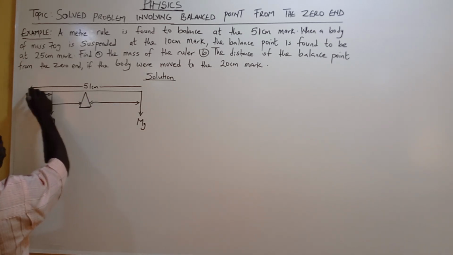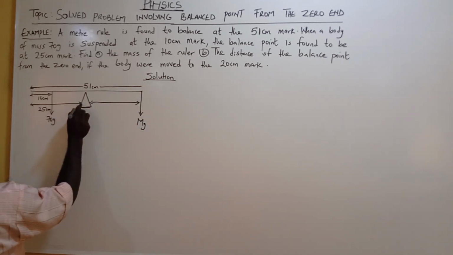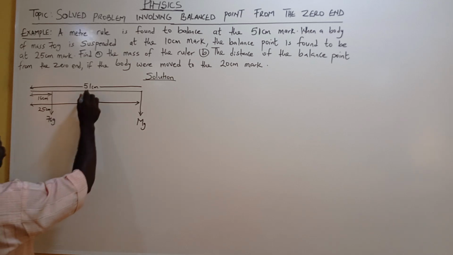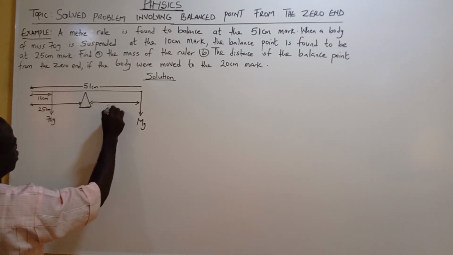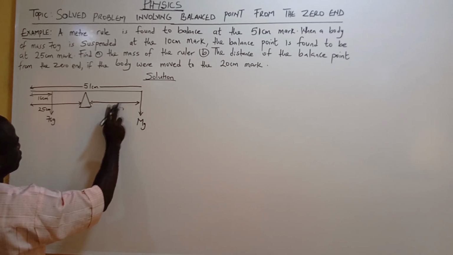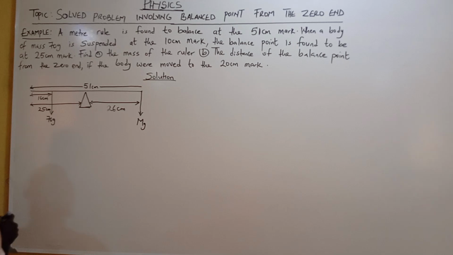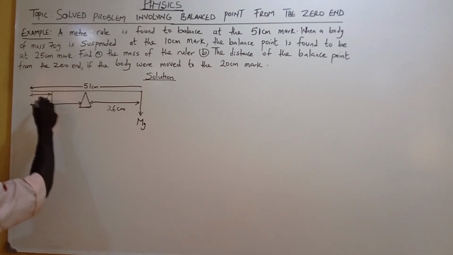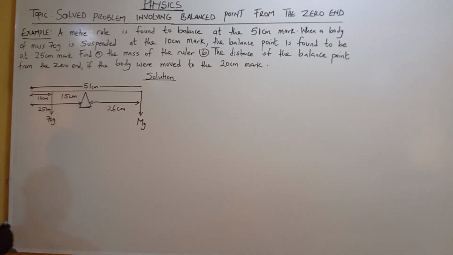If from this point to this point is 51, and from this point to the pivot, the fulcrum, is 25, when you subtract 25 from 51, you have 26 centimeter. Now, to get this point, 25 minus 10, you have 15 centimeter.